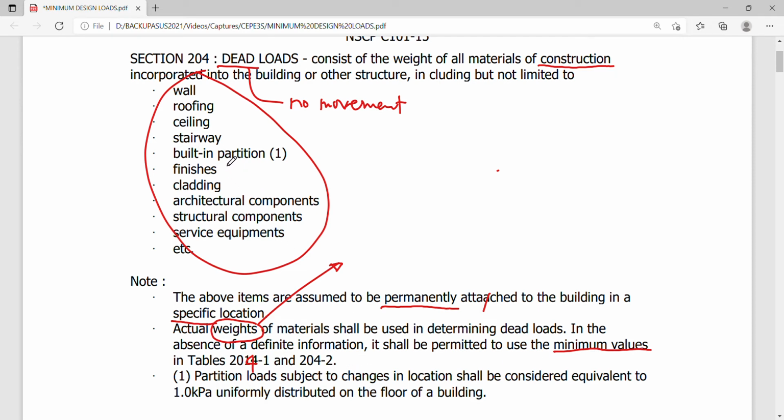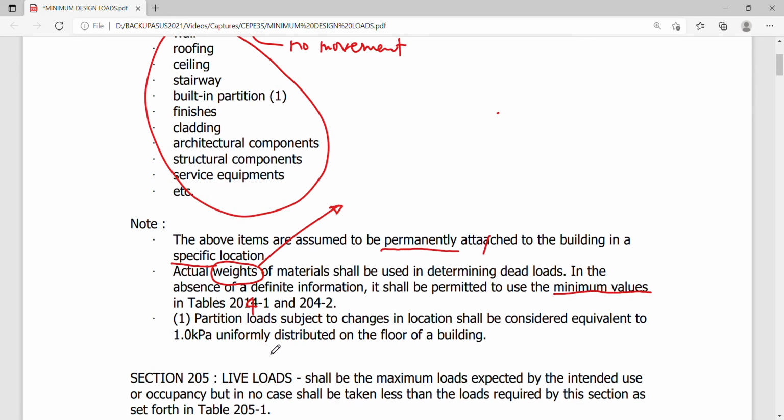And for the built-in partition, notice that there is a mark here, number 1. So take note that the partition we are talking here, when actually subjected to some changes in location, or there is a likelihood of movement, sometimes we cannot predict if the partitions will not move for a very long period of time, then we can assume it to be a movable partition.